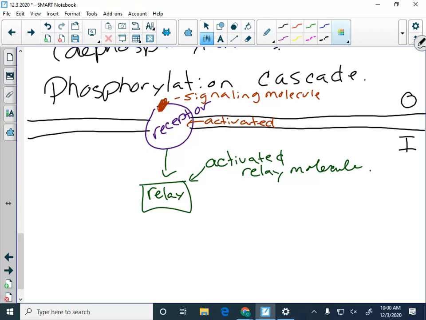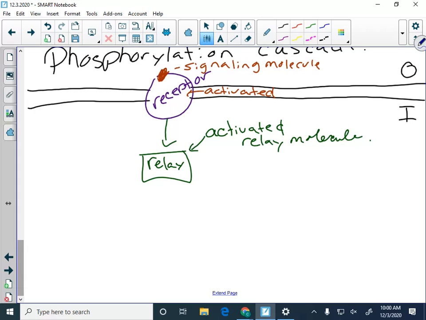Over here in this big circle, we're going to call this protein kinase 1. I'm going to use my little protein symbol. Protein kinase 1. And this is inactive.